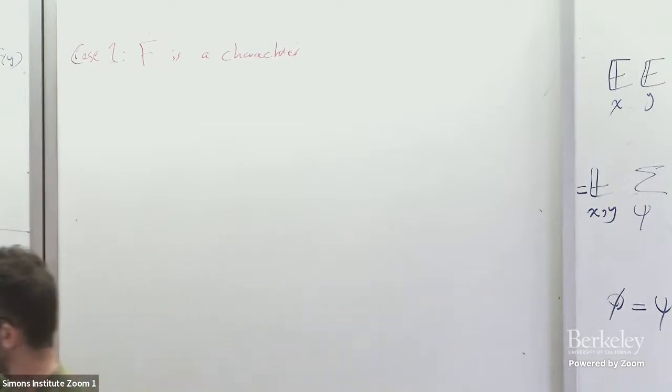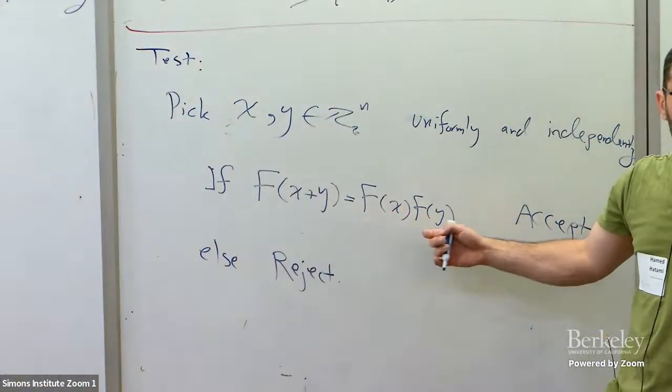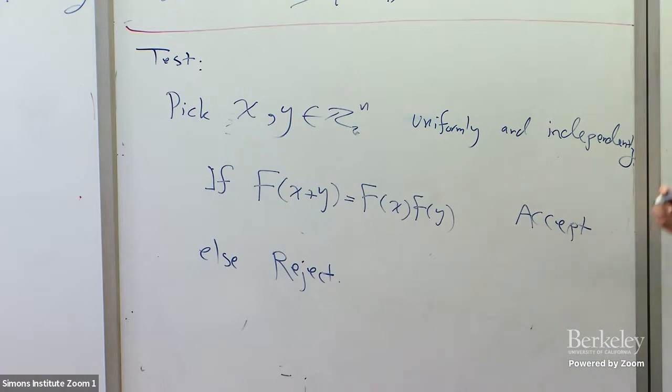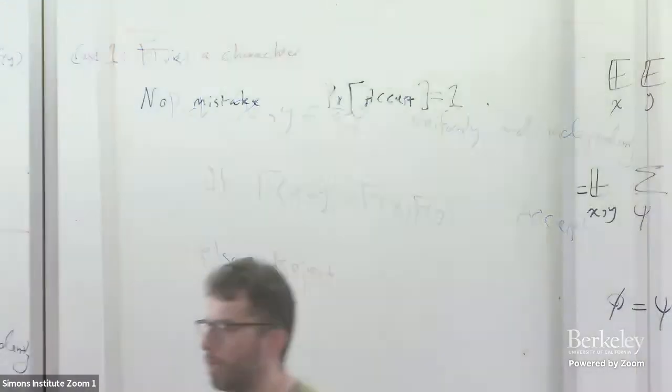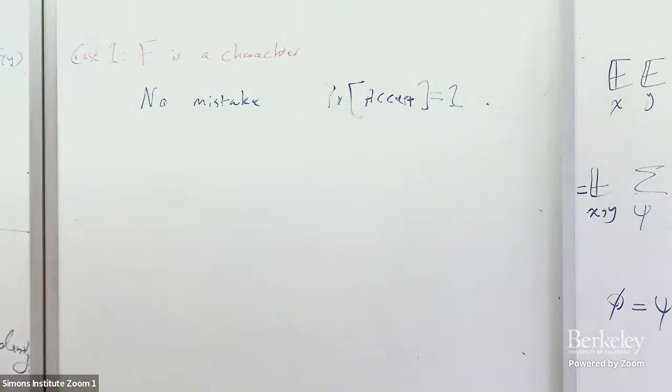If F is actually a character, F of x plus y is going to be F of x times F of y, so we're going to always accept. No error, no mistake here. I'm going to correctly accept it with probability 1. So we are good in this case. It's a one-sided error situation.